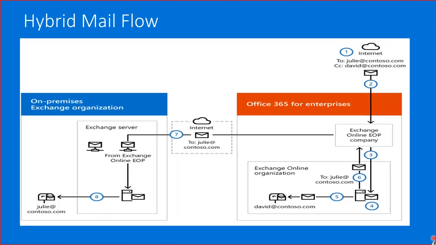We are receiving an email for a user, Julie, and we have David CC'd on the message. David has the mailbox in Exchange Online, whereas Julie has a mailbox in the on-premise environment. So when we receive the message, because it is a hybrid setup, we deliver a message to David's mailbox in the cloud itself. And for Julie, we route it to the on-premise environment using the on-premise connector type, which was created by the hybrid configuration wizard.